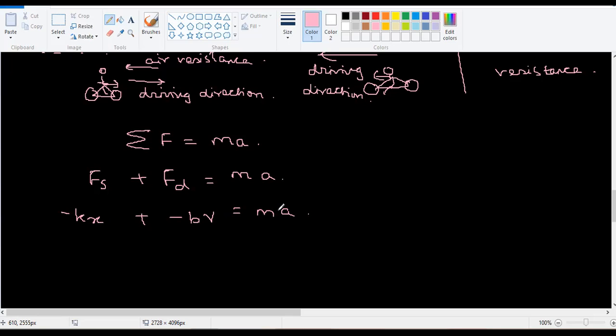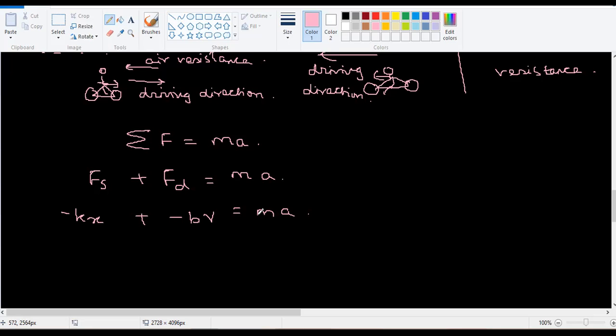Let's see if x is a function of time. As time progresses, the extension will also change. So we can say x is also a function of time.